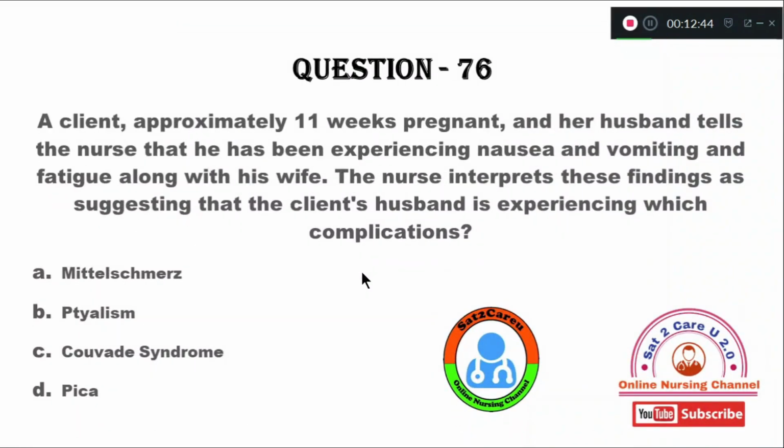Question number 76. A client approximately 11 weeks pregnant and her husband tell the nurse that he has been experiencing nausea, vomiting and fatigue along with his wife. The nurse interprets these findings as suggesting that the client's husband is experiencing which complication?